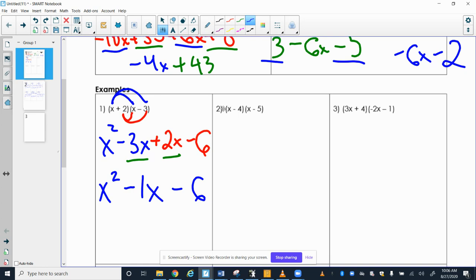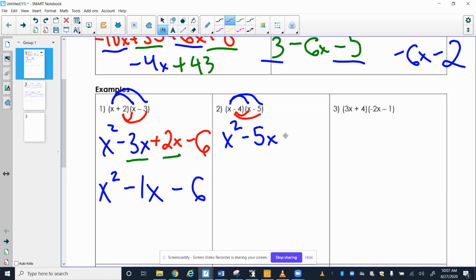Okay, number 2, so same idea. We're going to multiply this first piece, the x, to both. So x times x, x squared, x times negative 5, minus 5x. Then we're going to multiply the negative 4 to both.